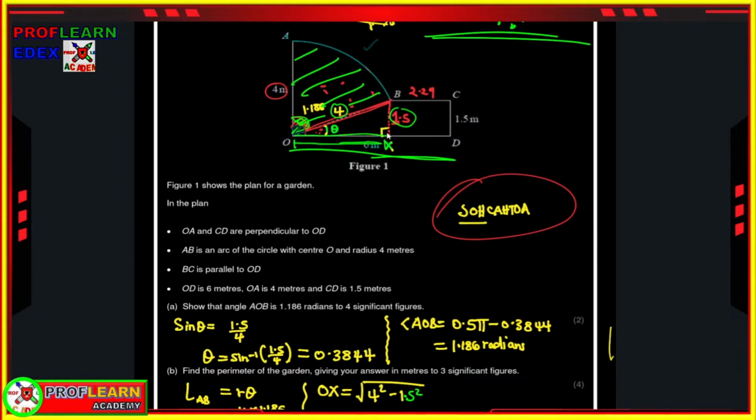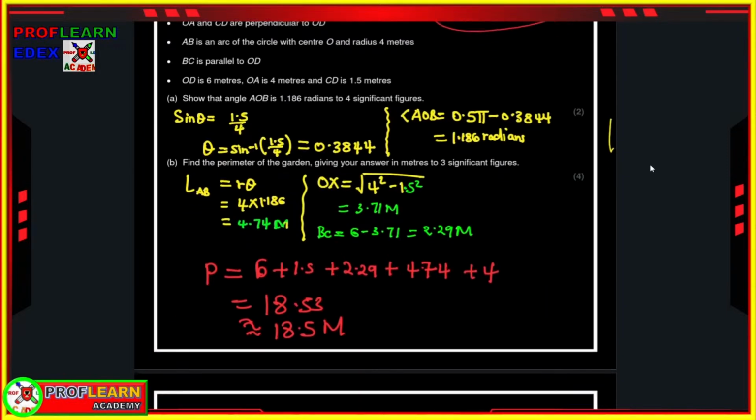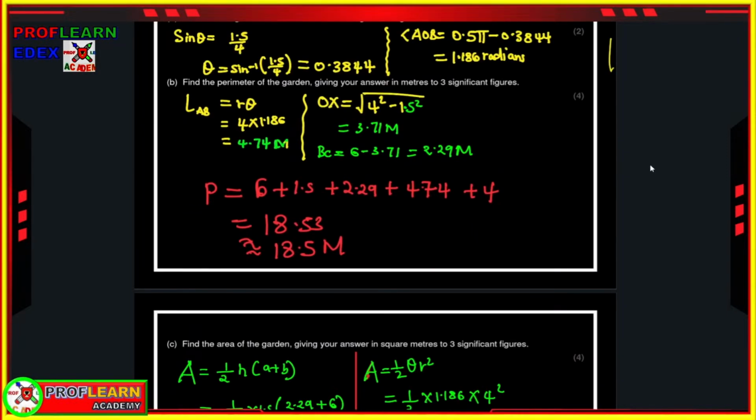Then the entire length, 6, minus the answer we get, gives this section, so that we can include it when finding the perimeter. Then we add the 6, then we add the 4, and we get the perimeter being equivalent to 18.5 meters.